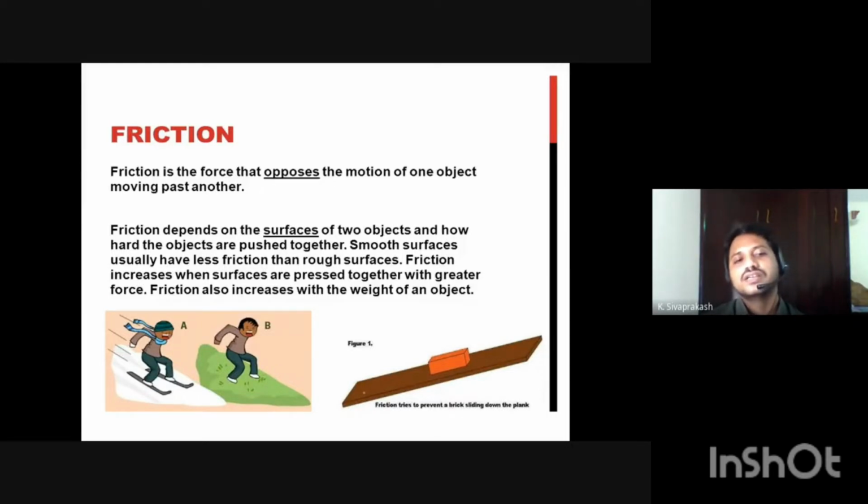Friction also increases with the weight of the body. In the diagram, one person is skating on snow, a smooth surface with very little friction. Here he is running on a hill, so there is more friction compared to the first one.